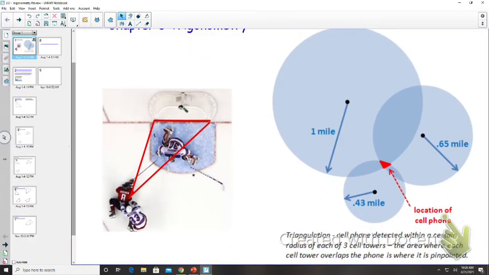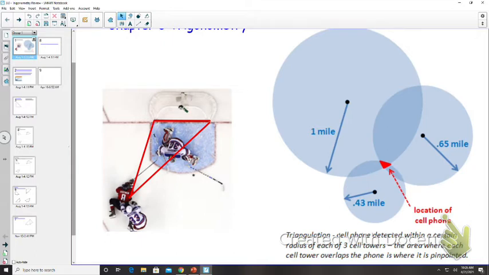Also, we can use triangulation to locate cell phones. If you ever watch any crime TV shows, when they're trying to locate the criminal, you'll see them using the computers, saying, where is he?